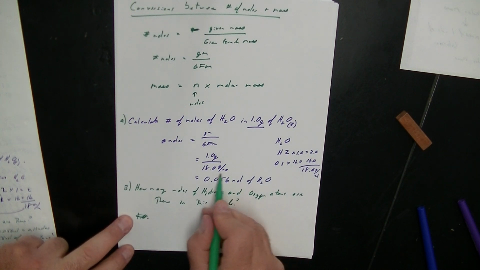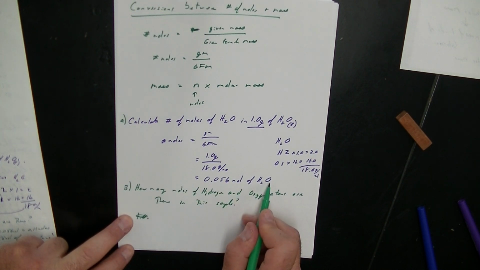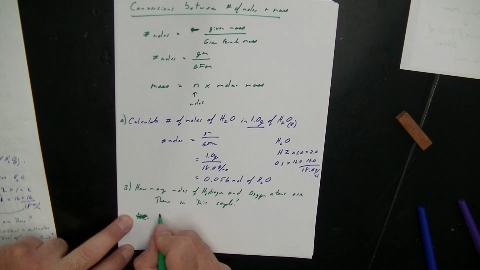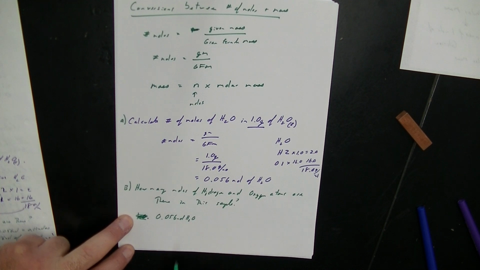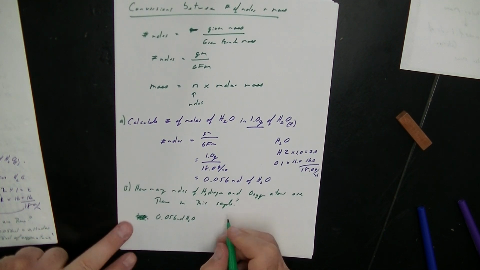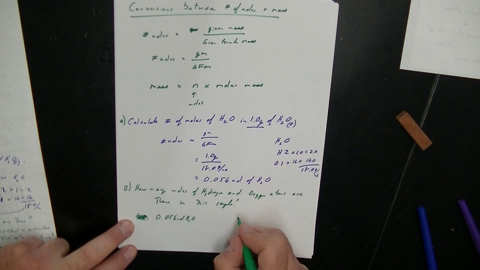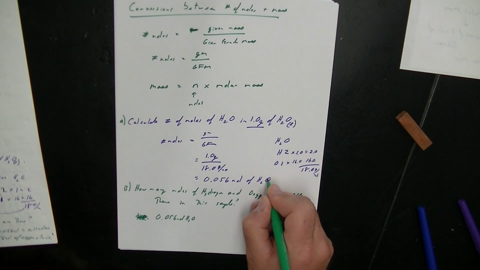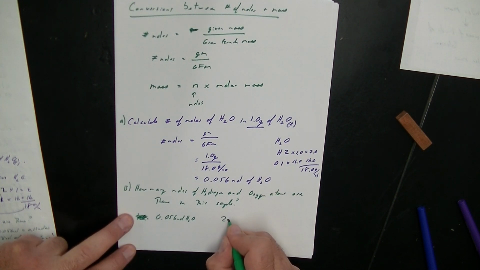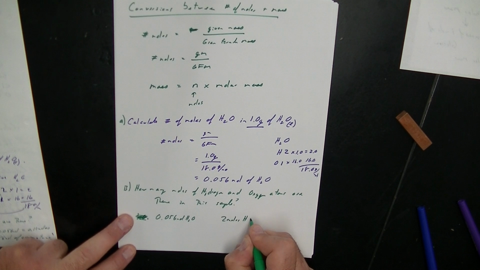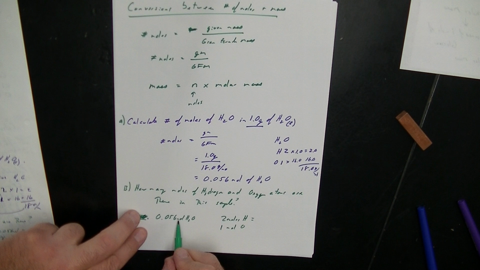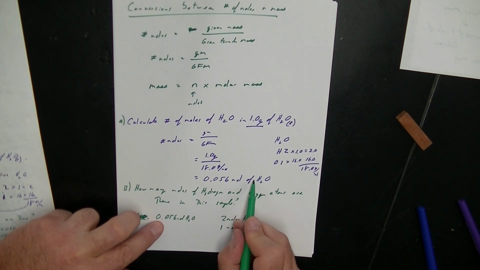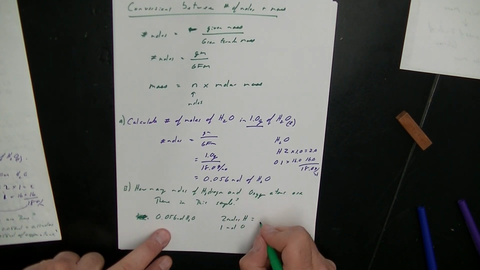So now I know I have 0.056 moles of H2O. So in this sample, I have 2 moles of hydrogen for every 1 mole of oxygen. So if I have 0.056 moles, if this coefficient is 1, right?